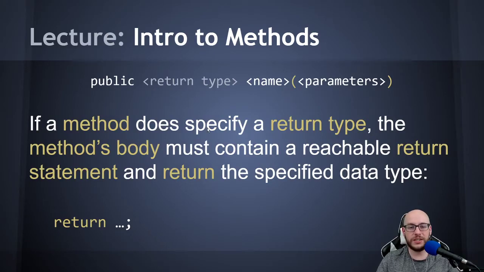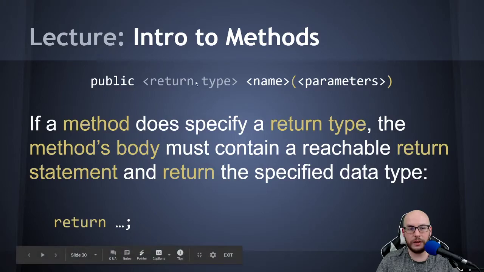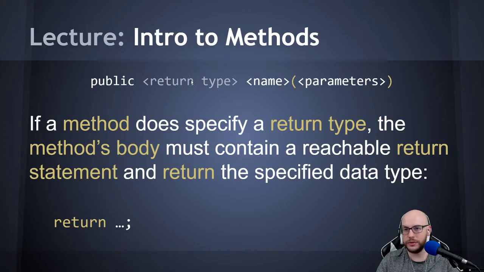If a method does specify a return type, if you put something other than void here, the method's body must contain a reachable return statement. We'll talk about what reachable means a little bit later. If we have something other than void here, we're talking things like int, double, boolean, String. Those are all data types.